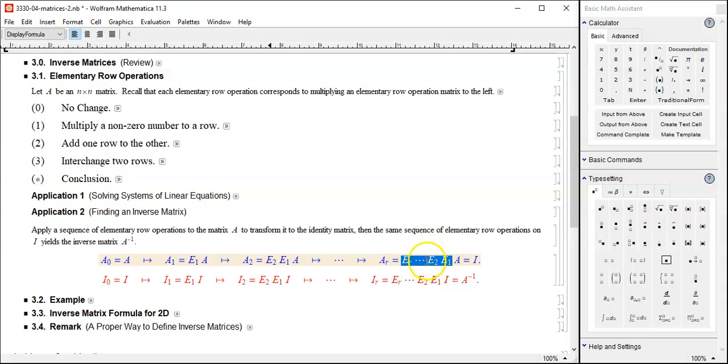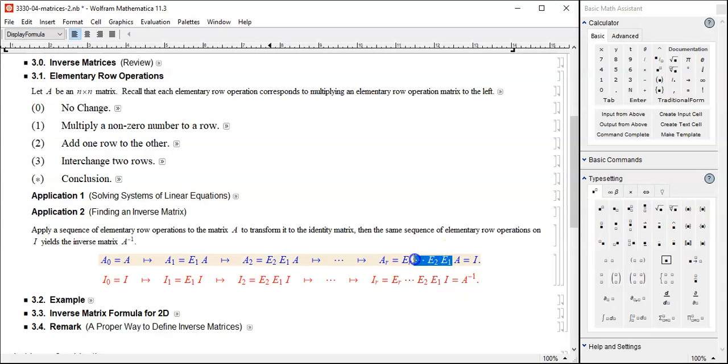The key is, how do you find this? And the key is right down here. We consider a parallel computation. We start from I instead of A, but apply the same elementary row operations. Apply E1, apply E2, E3, E4, all the way up to ER.